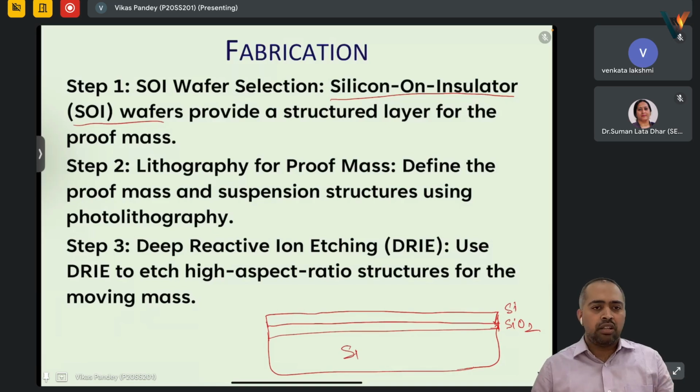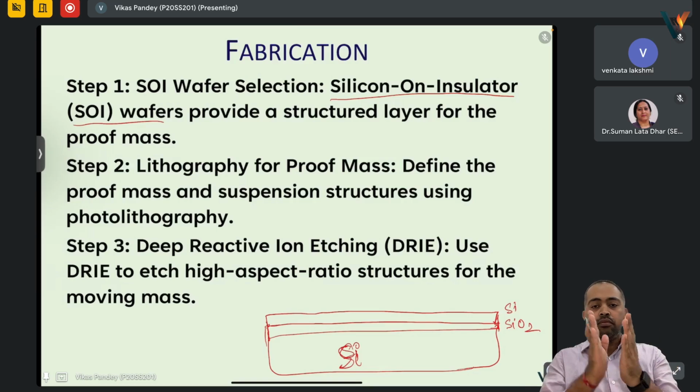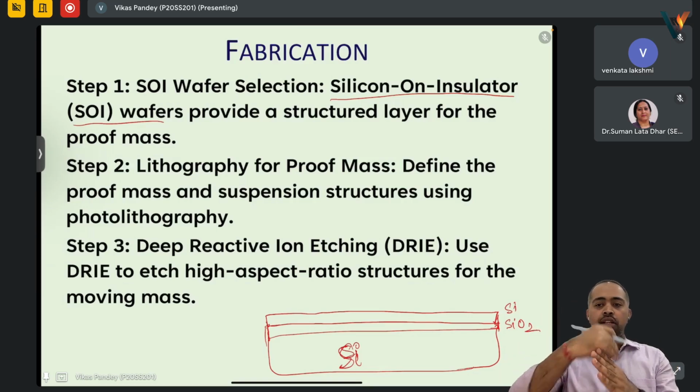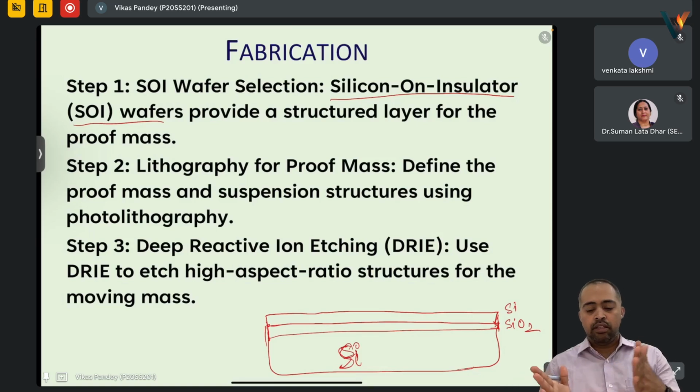How is it done? There are some two or three processes, but one of the common processes that I know is that they take a silicon wafer and grow SiO2 over it. So this is one wafer, and then another wafer, also silicon with SiO2 on its back, and then they combine them, bonding using anodic bonding and similar processes.